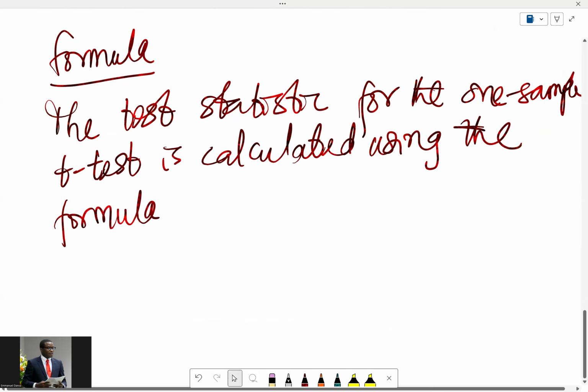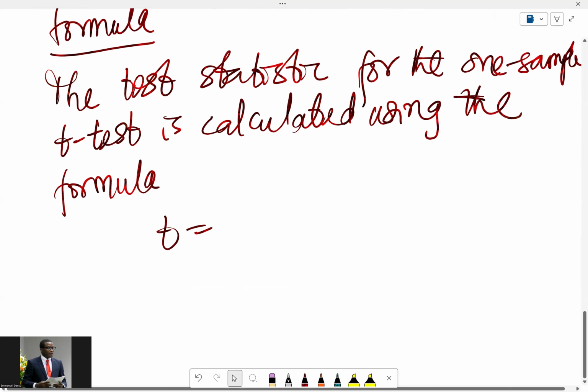So it's very close to what you have for Z-test. The only difference is the largeness of the sample sizes, or knowing the variance or not knowing it.